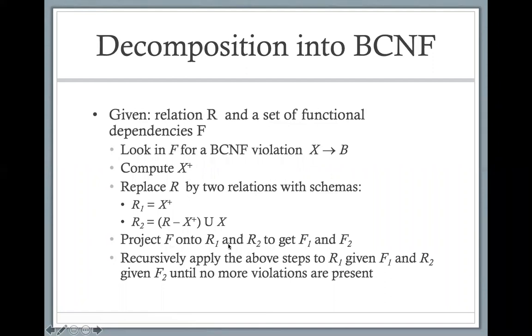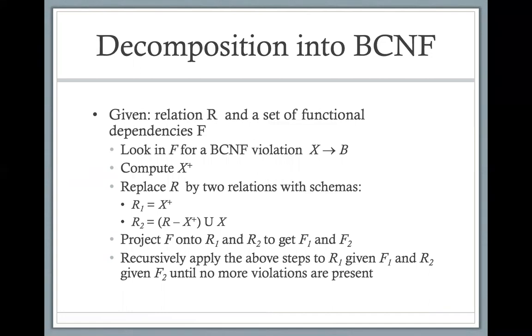Now you have two new tables, so you have to map the original functional dependencies, which were on the original table R, into these two new tables, R1 and R2. You get two new sets of functional dependencies. Then you make sure that they are in BCNF, and if they're not, you recursively normalize again. So this is what you do.